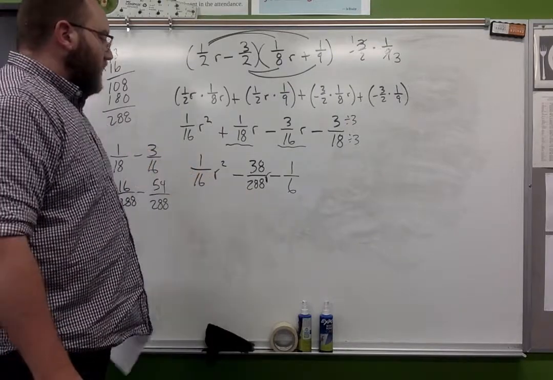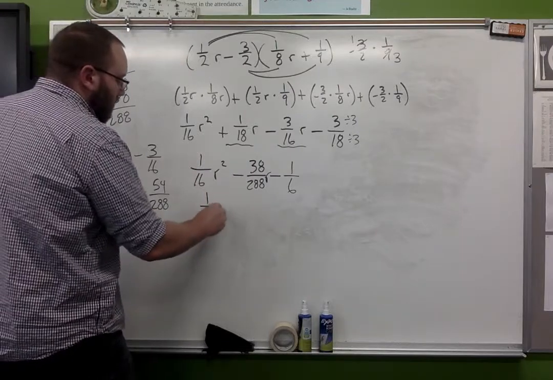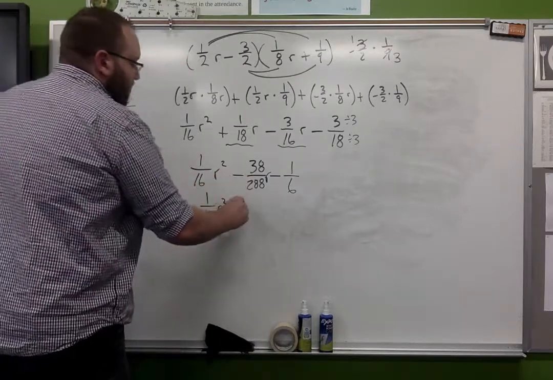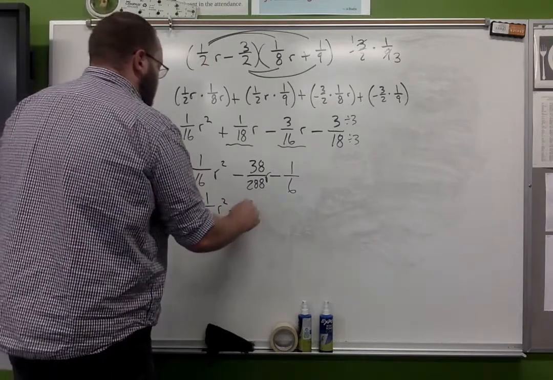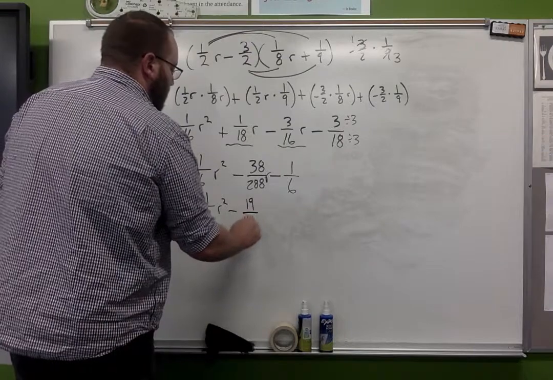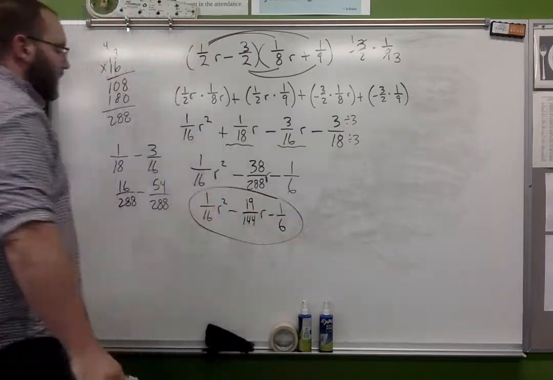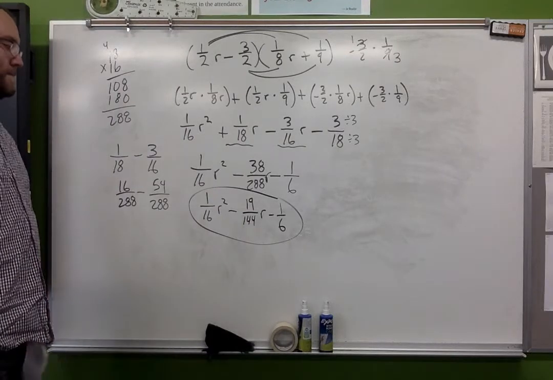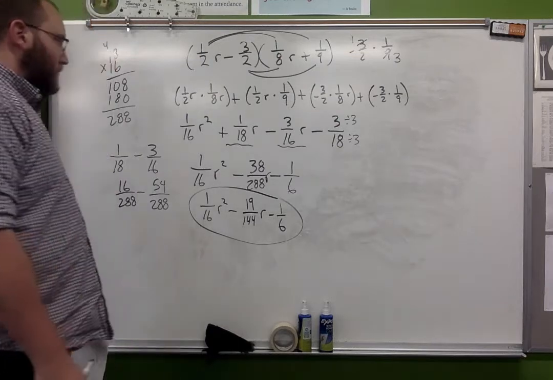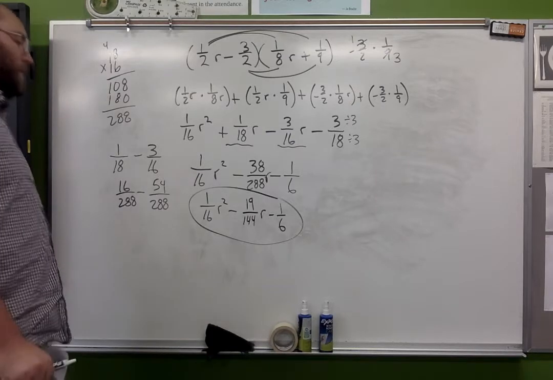Simplify, simplify, simplify. We can divide numerator and denominator by 2. Right, so that gives us 19 over 144, r minus 1 over 6. Bam, there's our answer. 19 is a prime number, does not go into 144. Pretty sure. Nope, it doesn't.